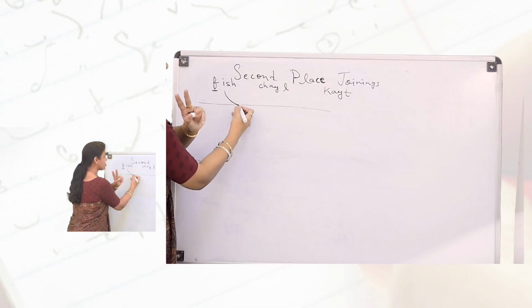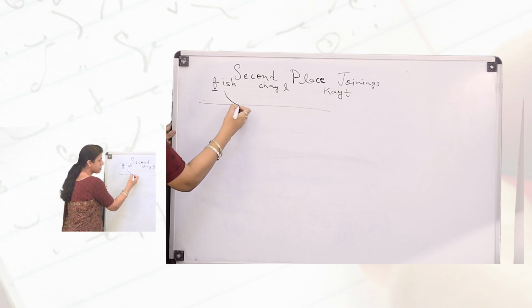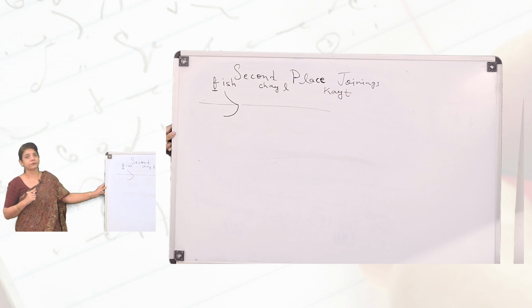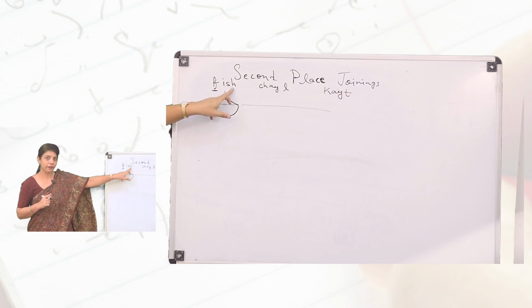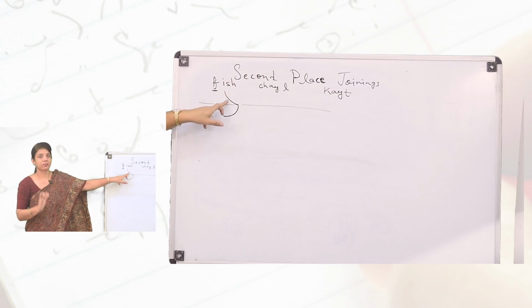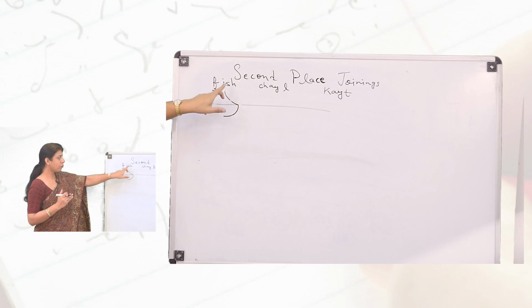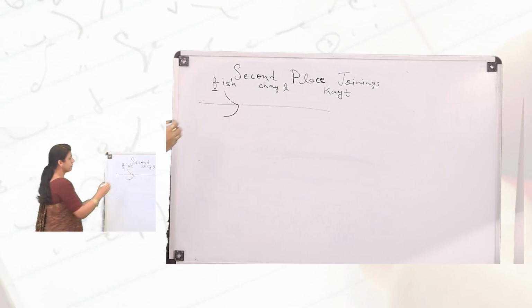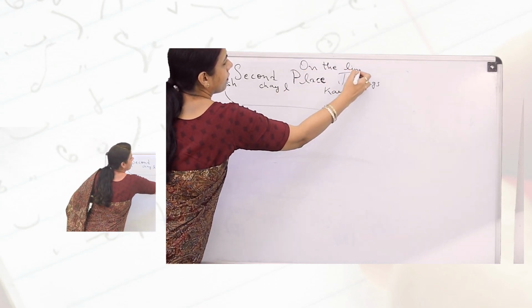Second place joining means the first consonant will always rest on the line, and wherever the first ends, the second begins. So this is the joining of F and Ish at the second place. Why second place? Because F, being the first consonant, is resting on the line. So second place means on the line.